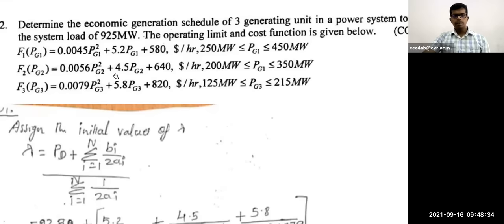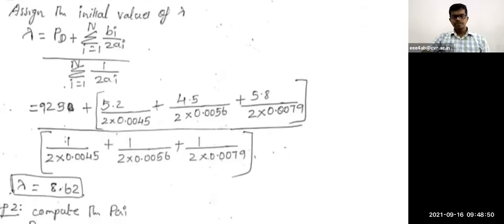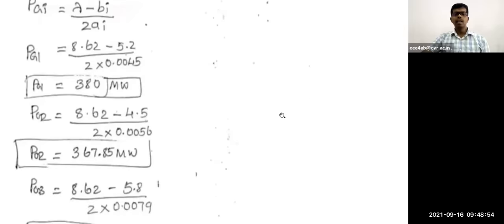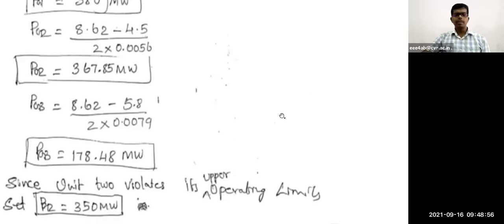PG2: 200 megawatt less than or equal to PG2, less than or equal to 350 megawatt. PG3: 125 megawatt less than or equal to PG3, less than or equal to 250 megawatt. Next, you see whether each unit satisfies the minimum and maximum operating limits or not.